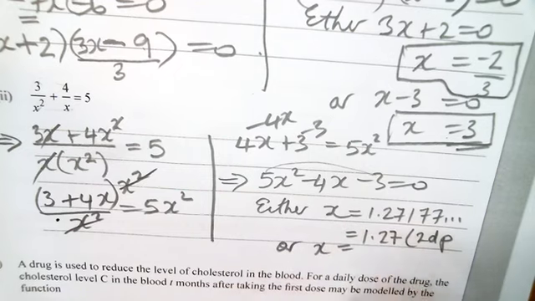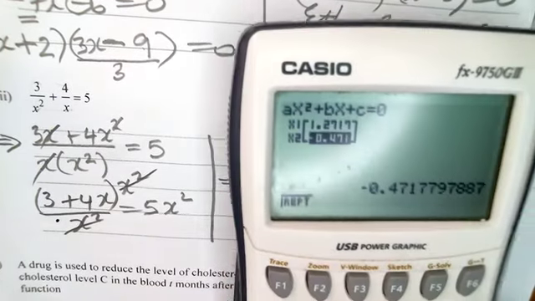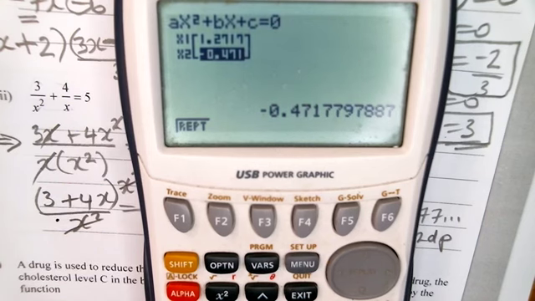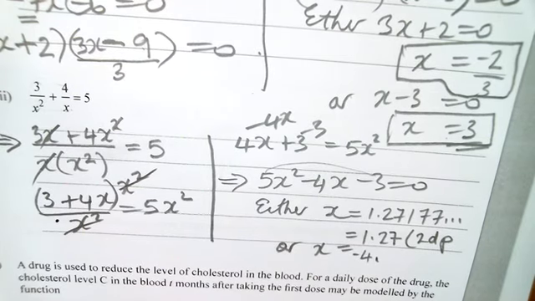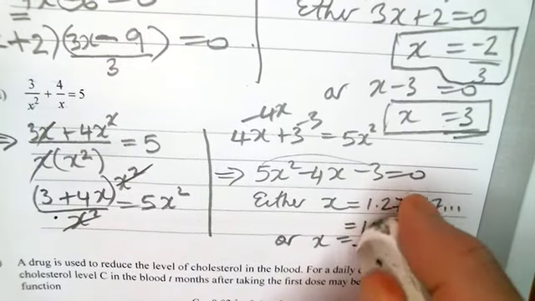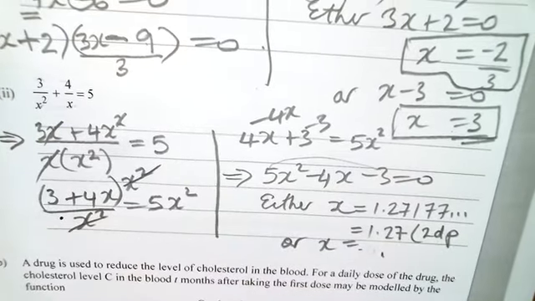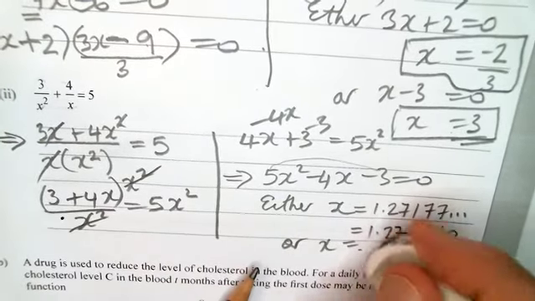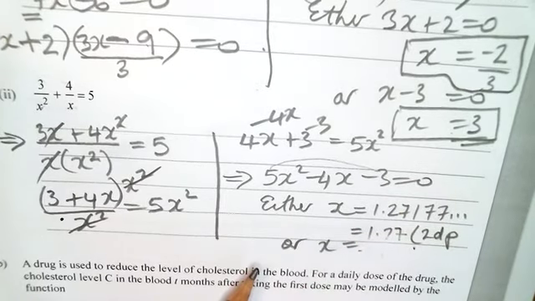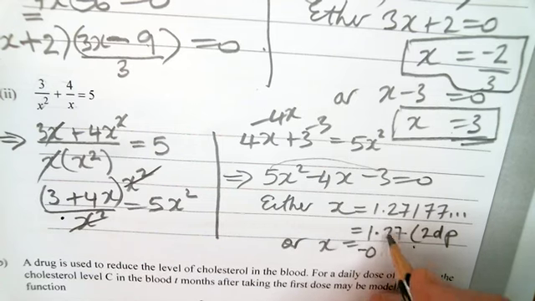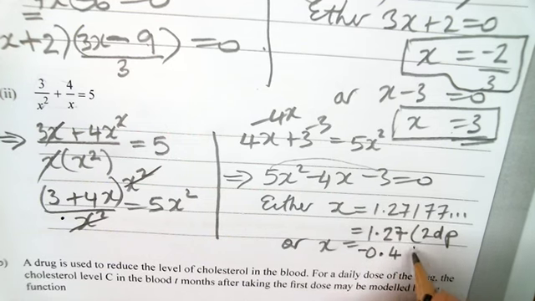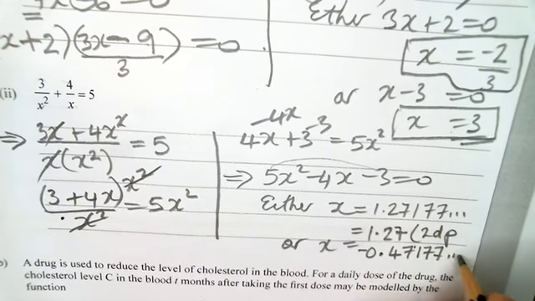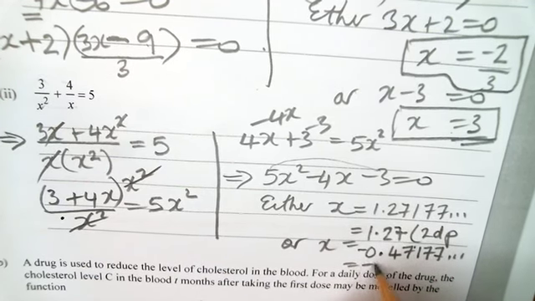or x equals, and the other one that I had there was this one here, which is negative 0.47177, which is equal to negative 0.47.